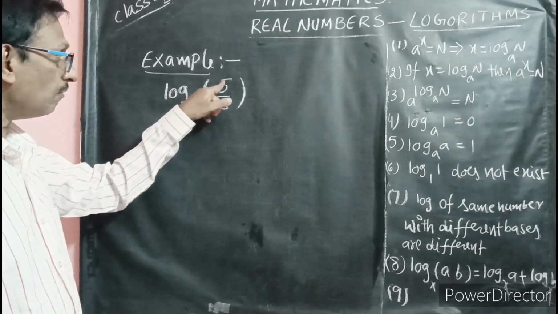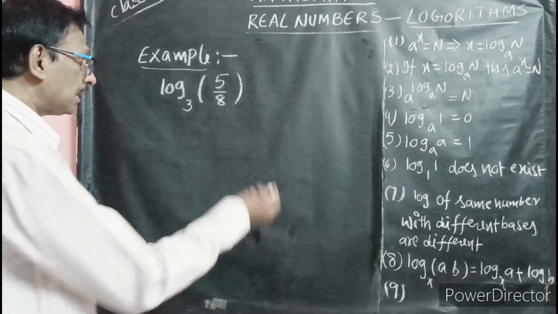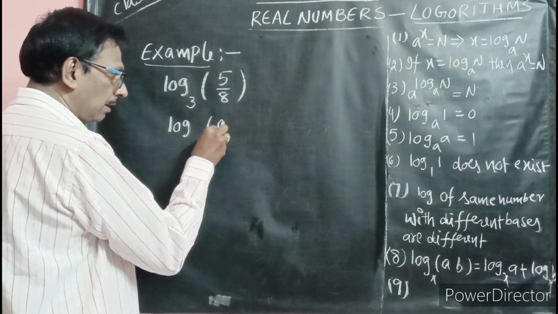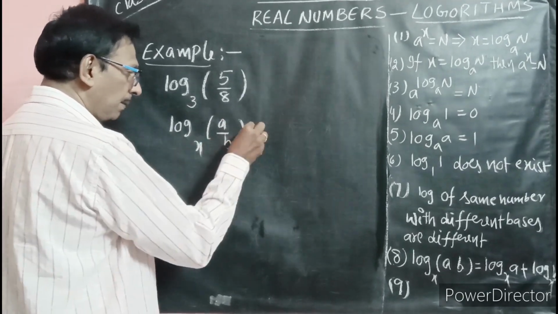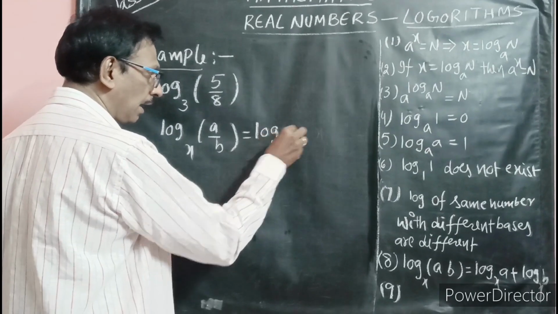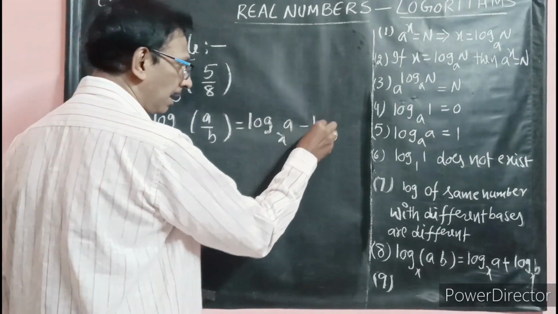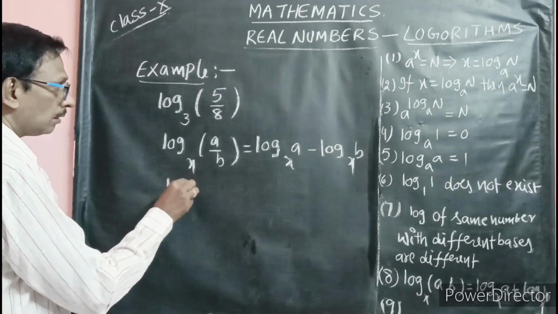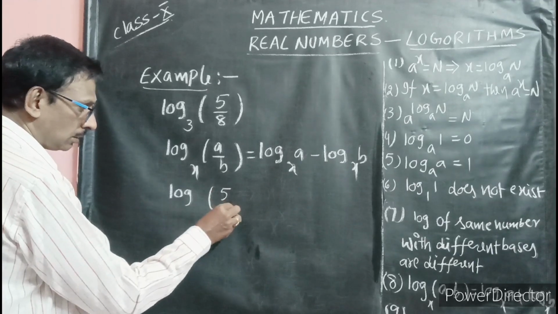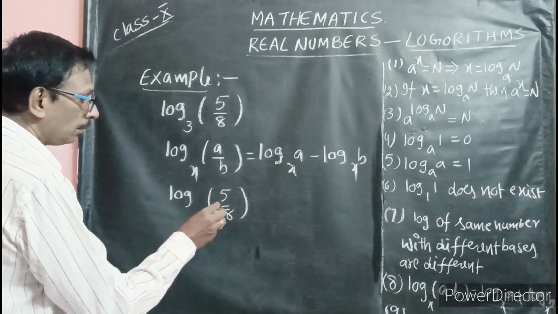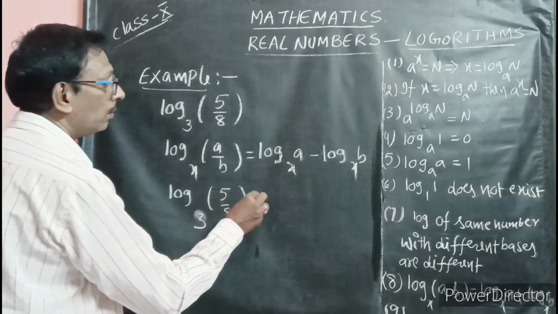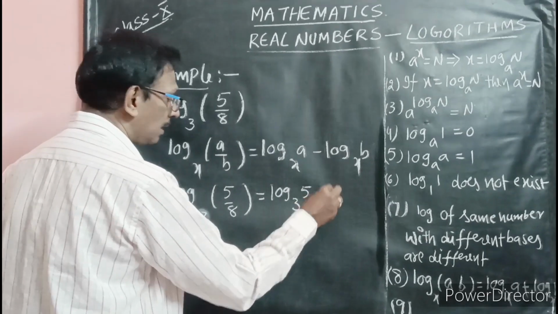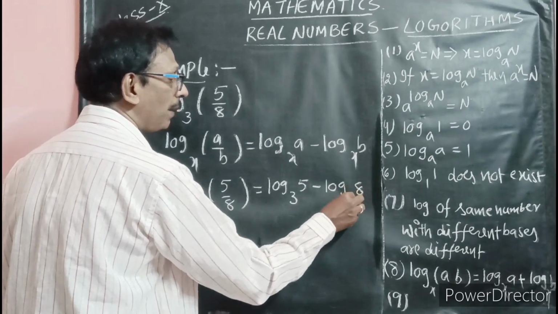Now this is in the form of log a by b. So directly we are applying the formula: log a by b to the base x can be written as log a to the base x minus log b to the base x. Now log 5 by 8 to the base 3 is equal to log 5 to the base 3 minus log 8 to the base 3.